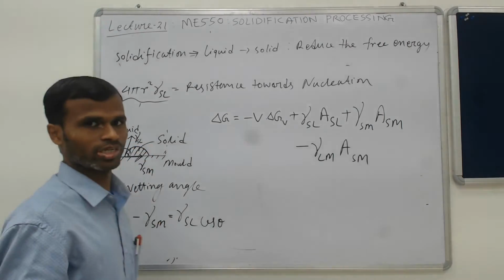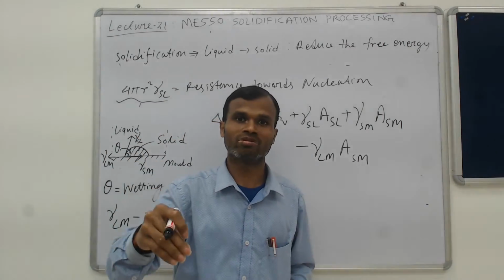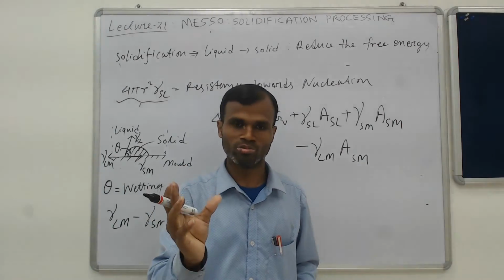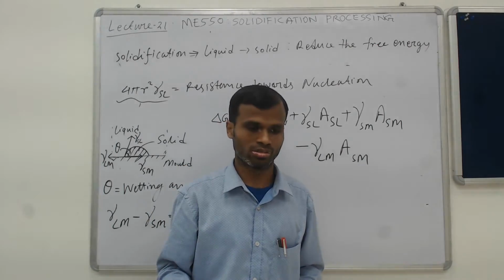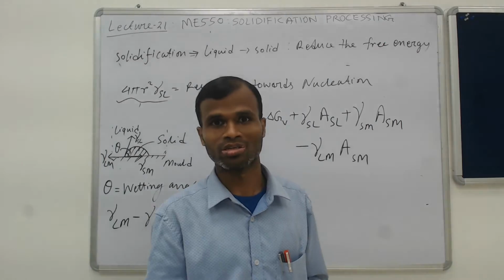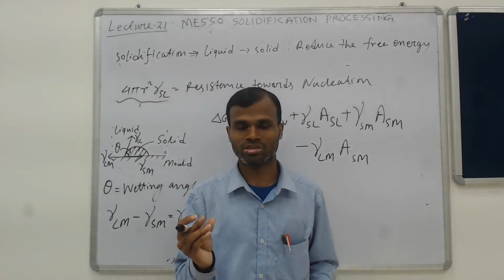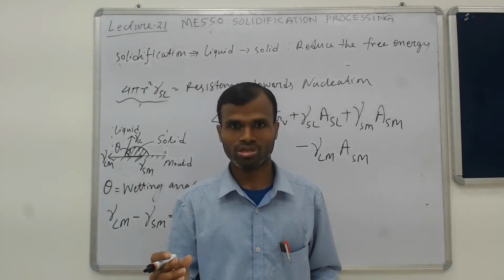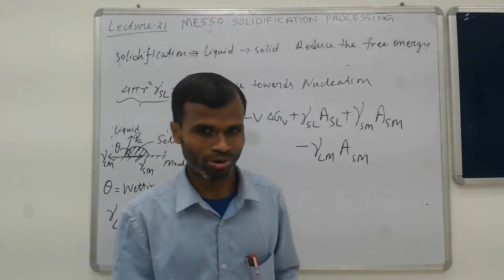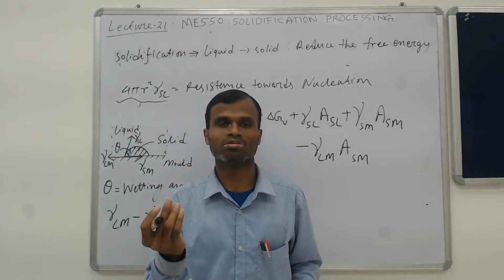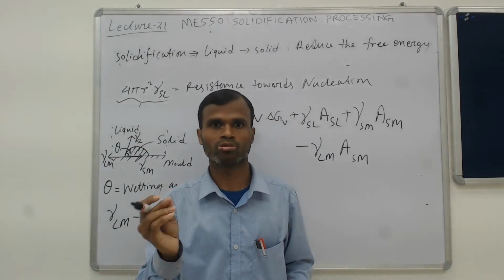So heterogeneous nucleation is in presence of some nucleation site. It can be a mold boundary. Actually, in casting, the nucleation site is very often the dendrites. There is something called inoculation. In inoculation, the dendrites which are being formed are broken into small parts.